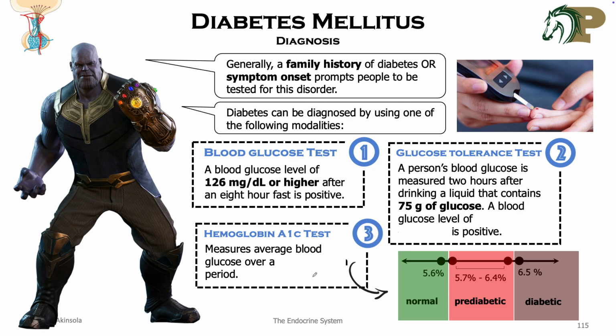The best way to describe this substance that the patient has to drink: if you think about Kool-Aid, think about how sweet that is, and if you eliminate as much water as possible from that Kool-Aid, so it's more like a sludge, that's what this substance tastes like. It's very, very sweet and very nauseating, to be perfectly honest. Okay. A blood glucose level of 200 milligrams per deciliter or higher after a glucose tolerance test is positive.